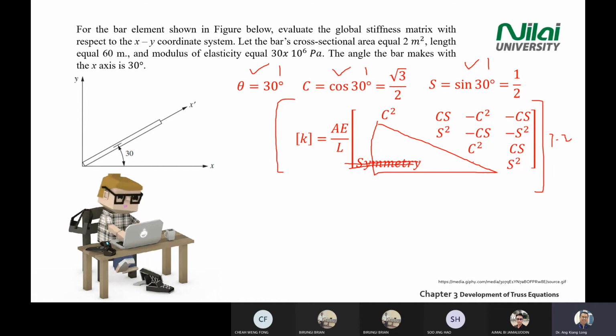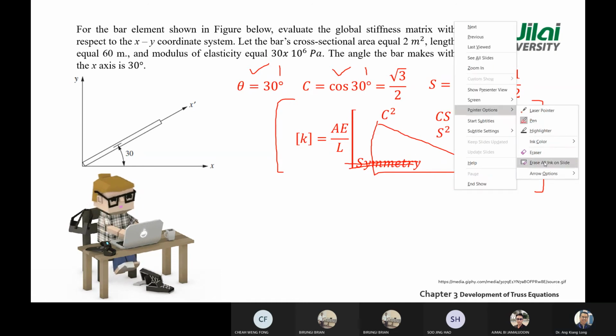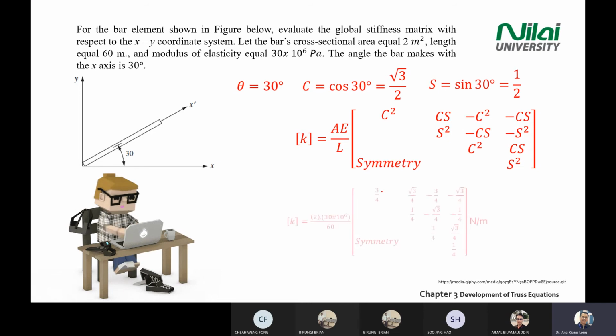I'm expecting you to fill the gap here. I already explained how to mirror the value just now, so you should already know what all these numbers are. Then when you substitute all the numbers, you are able to reach the answer as you see on the screen here.